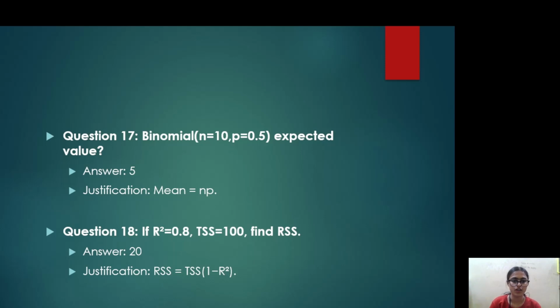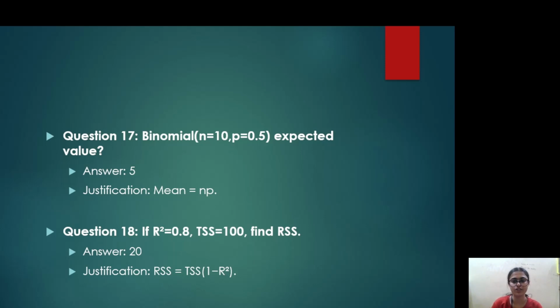So the next question is, if r square equals 0.8, TSS equals 100, find RSS. So we are given r squared, 0.8, and TSS, that is total sum of squares, that is 100. So R2 basically tells us how much of the total variation in the data is explained by the model.